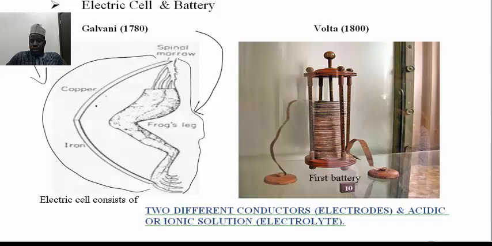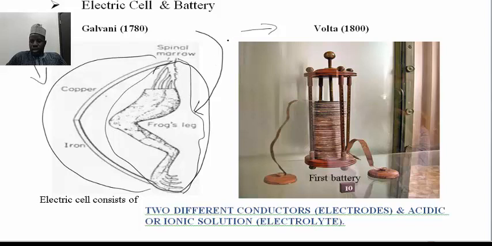He therefore conducted several experiments where he removed the leg of the frog and replaced it with solutions of salt and some acid, and after 20 years he was able to prove that yes, electricity can come from metals and any ionic solution.